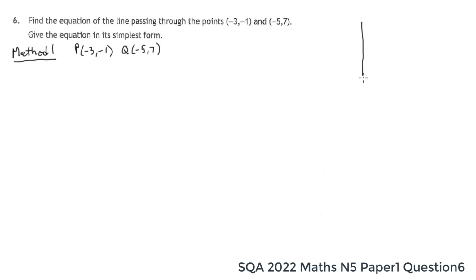Probably good to do a little graph just to see roughly what the picture's like. -3, -1. There's the point P. And the point Q, -5, 7.